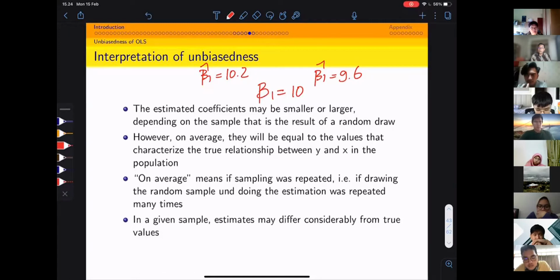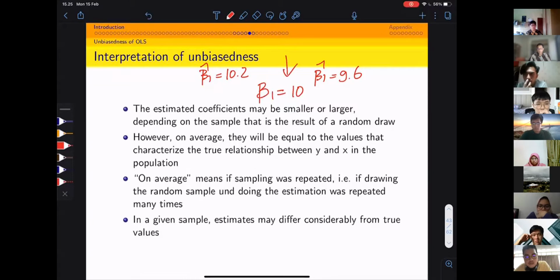But what we care about is not whether it's the same or different. What we care about is that if we do multiple random samples, then the expected value of beta 1 hat is going to be very close to the true value of the parameter in the population, which in this case is equal to 10.